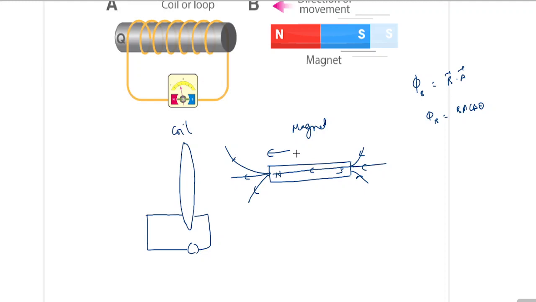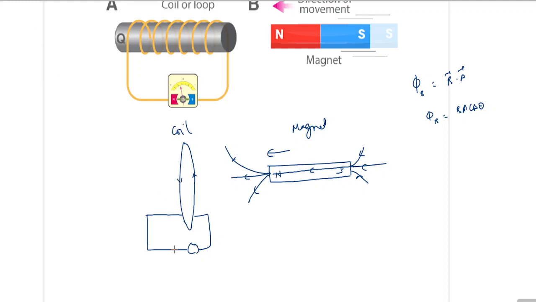What is seen is, as long as the magnet is moved towards the coil, current here is increasing. Once the magnet is stopped, current stops flowing. If the magnet is moved towards the coil, the current in this coil will flow in the anti-clockwise direction.